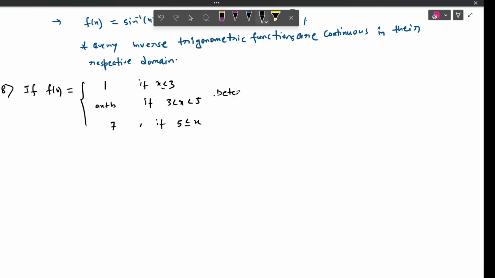Determine the values of a and b so that f of x is continuous.